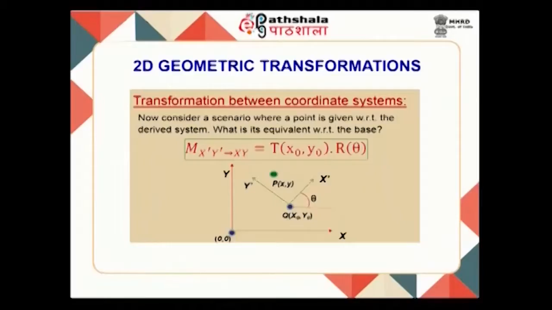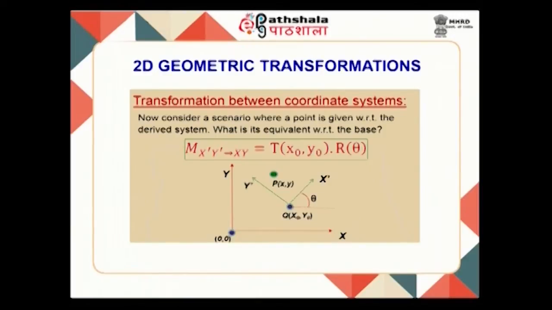How do we align the base system with the derived system? First do a rotation of the base system. So, the xy system is to be rotated by the angle theta, and then translated such that the base system aligns with the derived system x dashed y dashed. The steps are shown here: R of theta, that is rotate the base system by an angle theta.